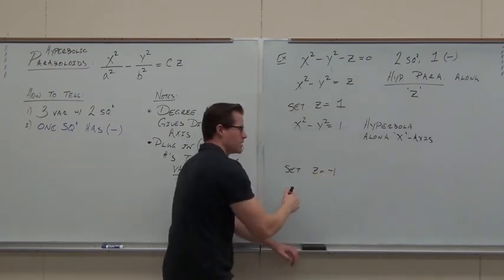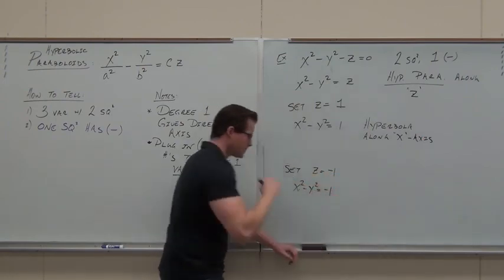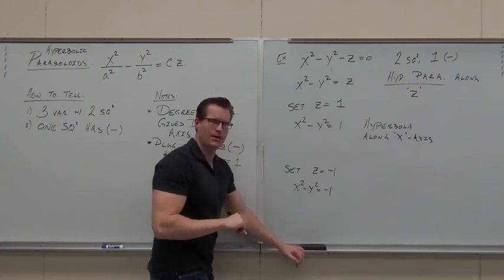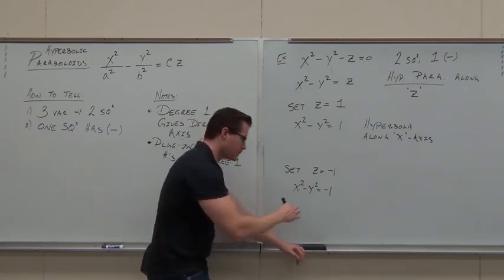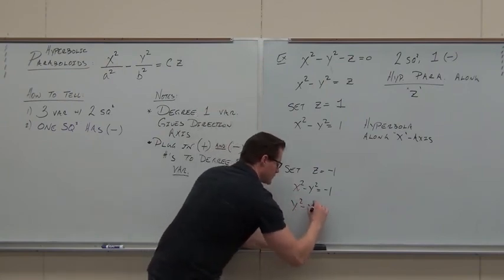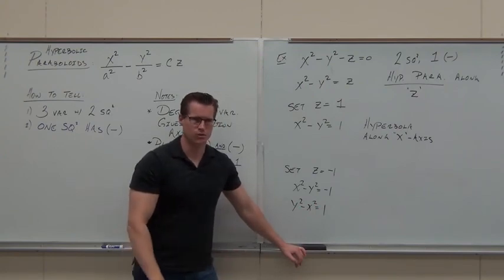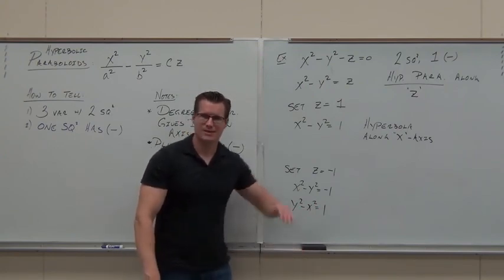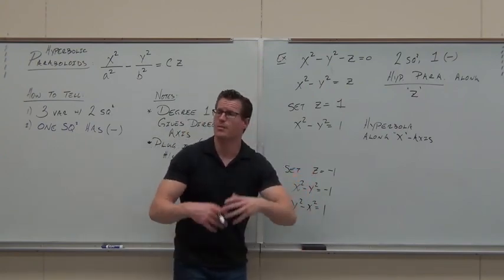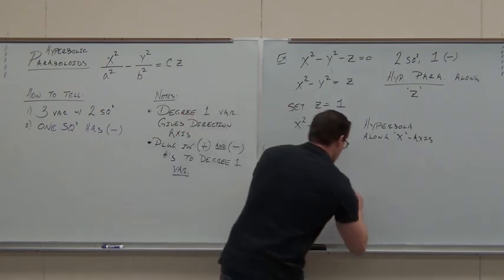But if we plug in -1, in order to get that standard form, you have to divide by a negative. If I do that, this sign changes, that sign changes, and we get y squared minus x squared equals 1. So at z equals -1, down here, my hyperbolas change. Now I have hyperbolas, but they're along the y-axis.